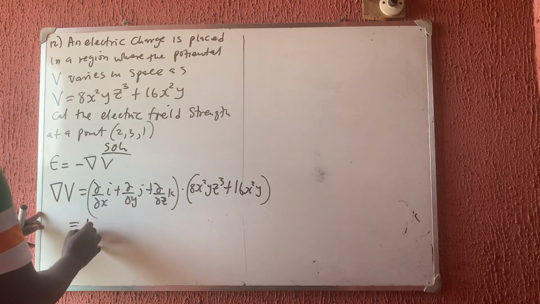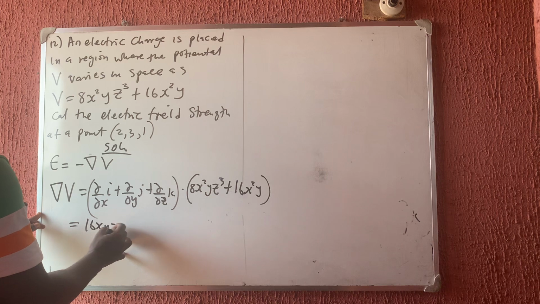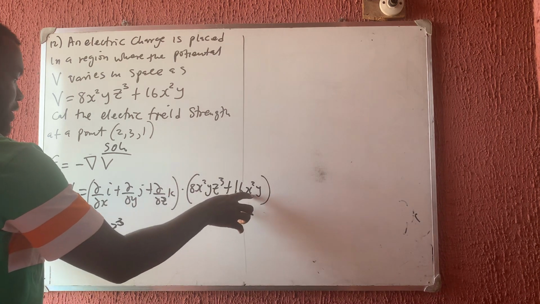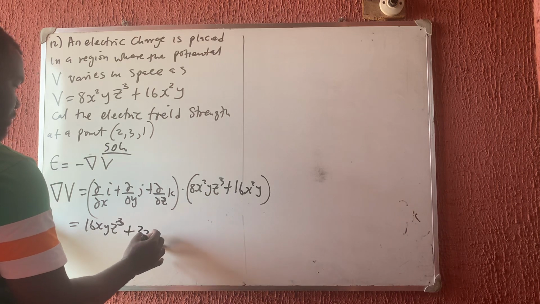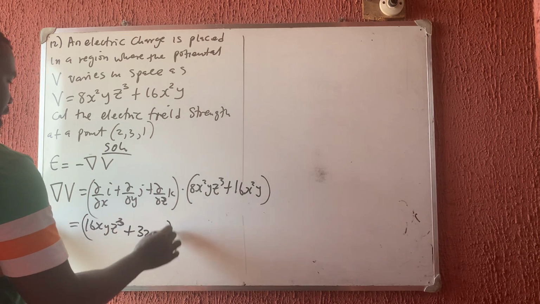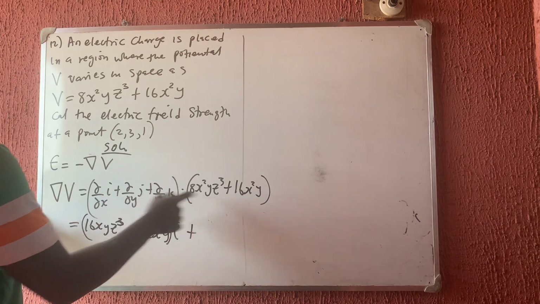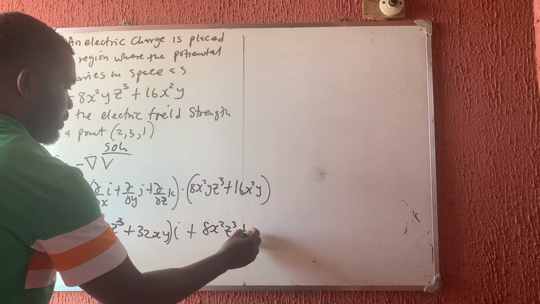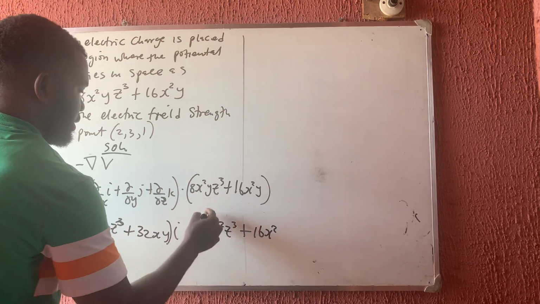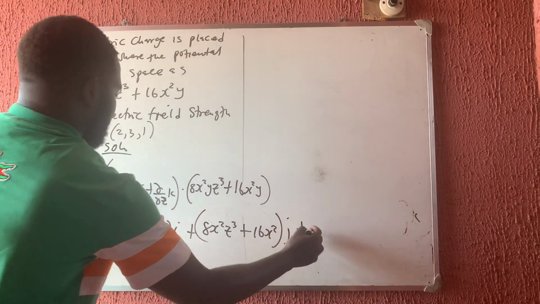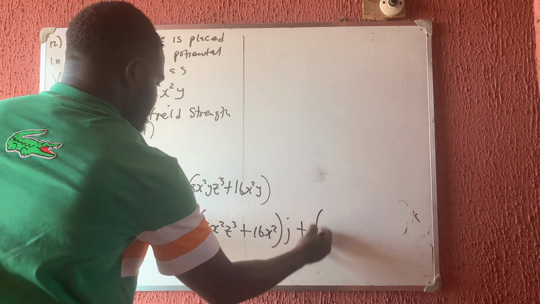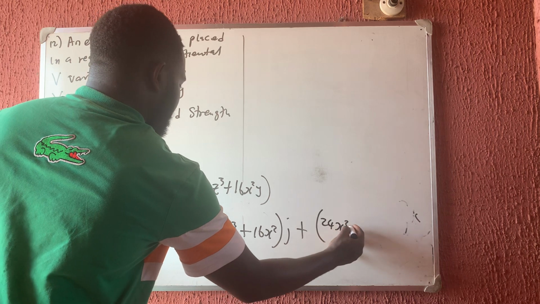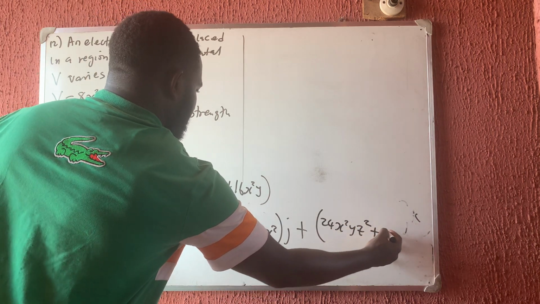This will give you 16xyz cubed, plus, with respect to x, you have 32xy, for your i. Plus, with respect to y, I have 8x squared z cubed plus 16x squared, for your j. Plus, with respect to z, 8 times 3 is 24, so 24x squared yz squared plus 0.